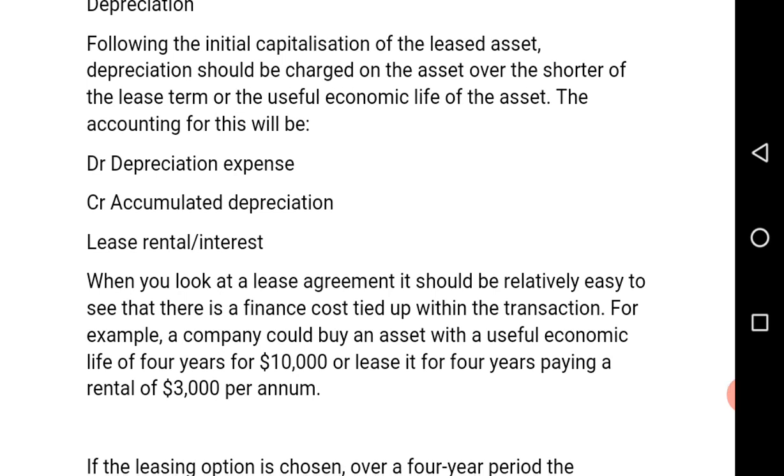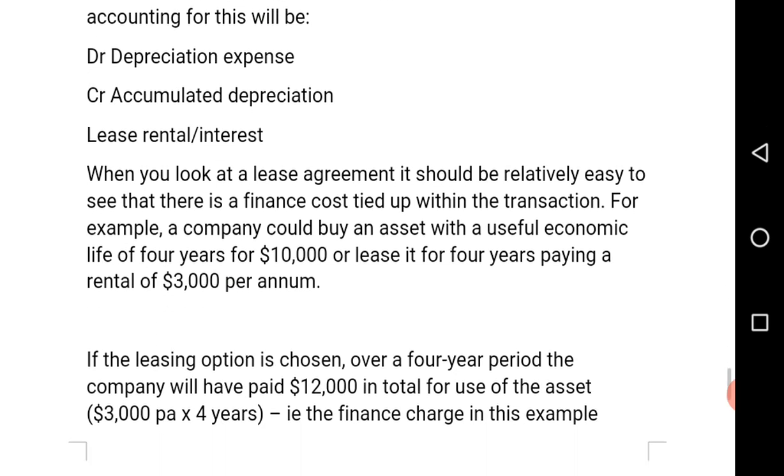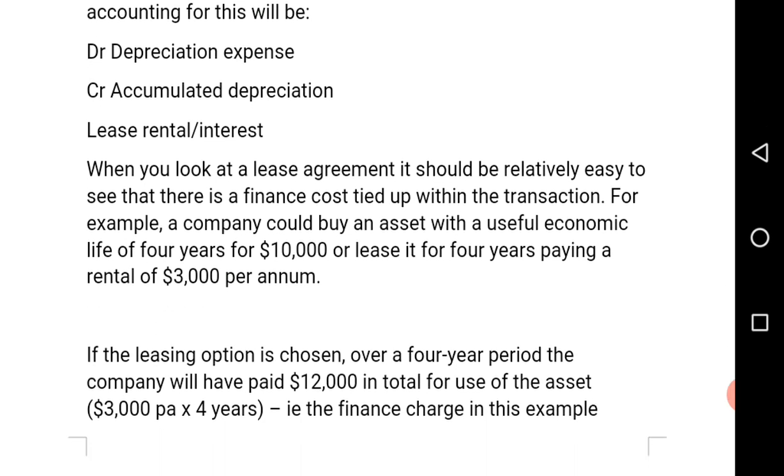For example, a company could buy an asset with a useful economic life of 4 years for $10,000, or lease it for 4 years paying a rental of $3,000 per annum. Like we did in example 1, here we have 4 years and we're going to pay $3,000 per annum.